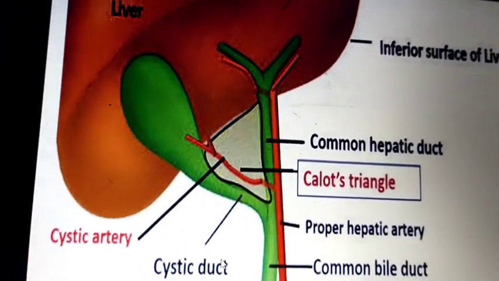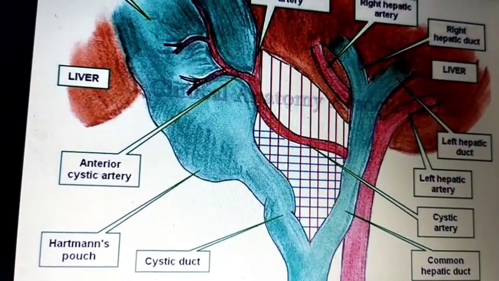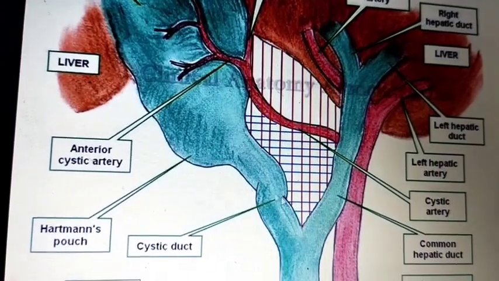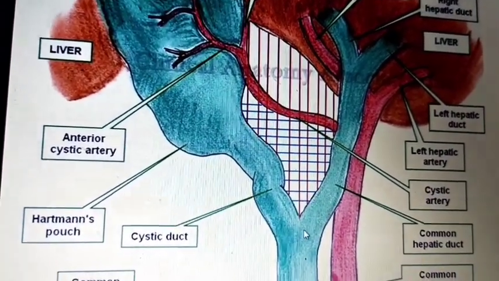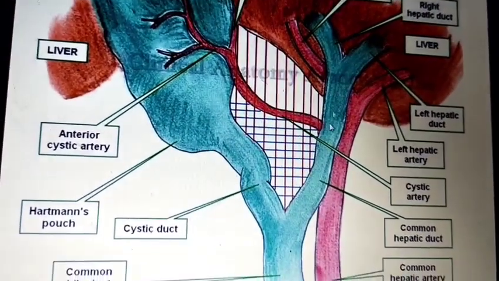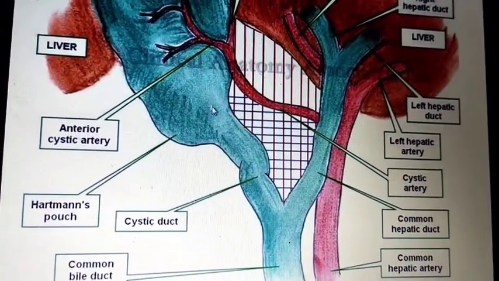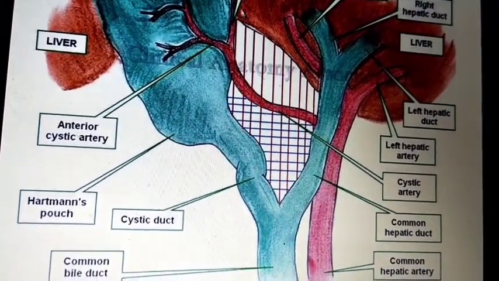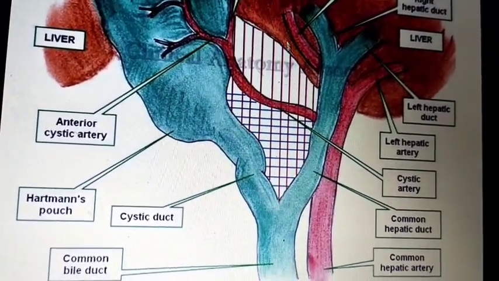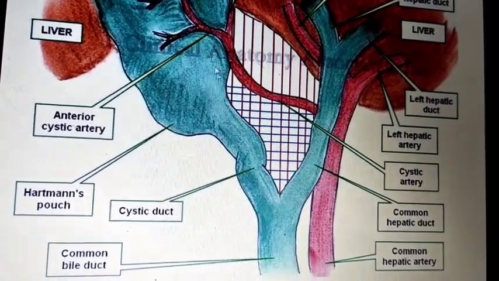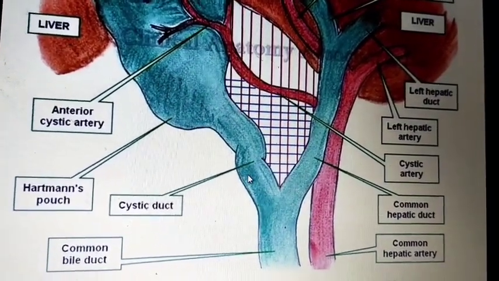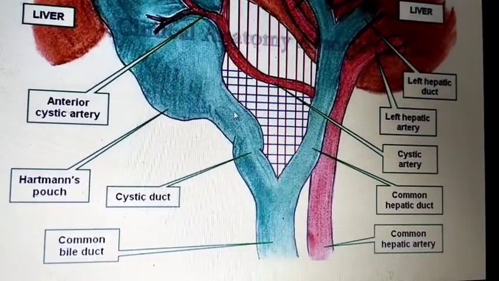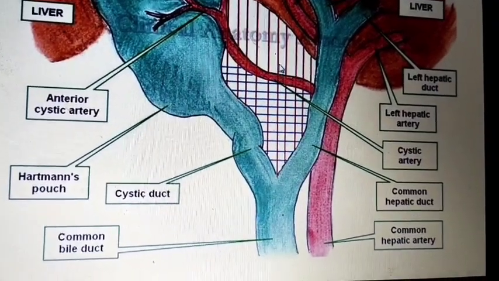Can go for the next slide. It is also called the hepatocystic triangle. This is the hepatic duct, and this is the cystic duct, that's why it is also called the hepatocystic triangle. Medially is the common hepatic duct, cystic duct laterally, and superiorly the inferior surface of the liver. During cholecystectomy, you first identify this triangle and dissect it, then first ligate the cystic artery.